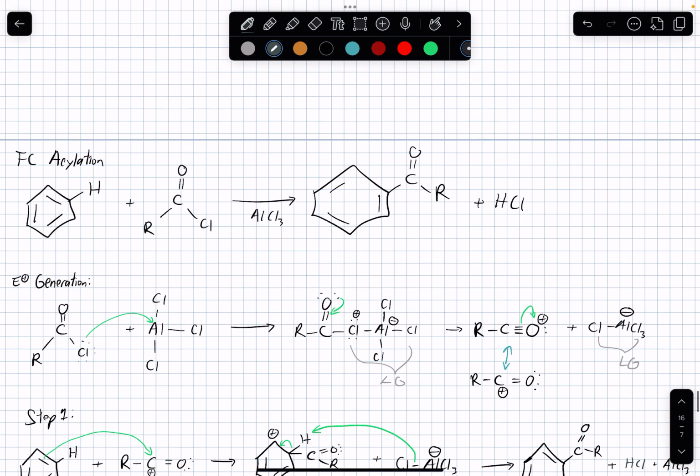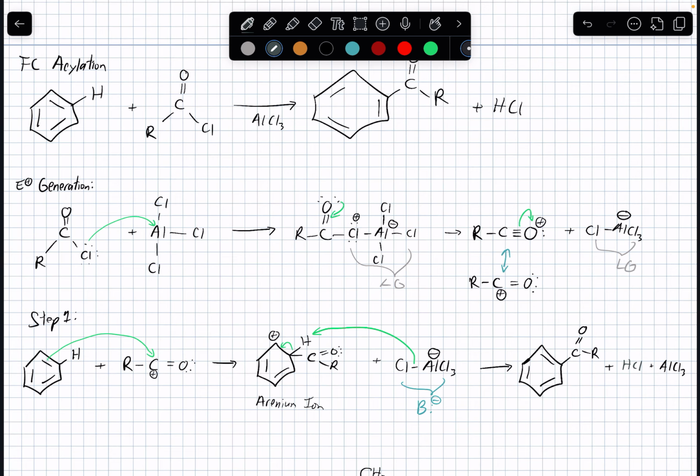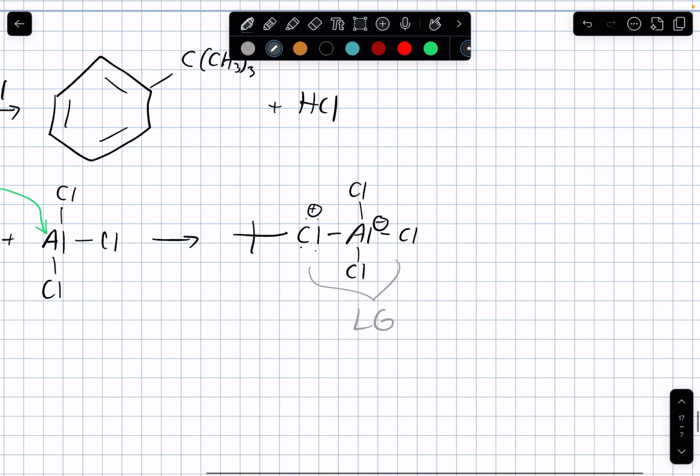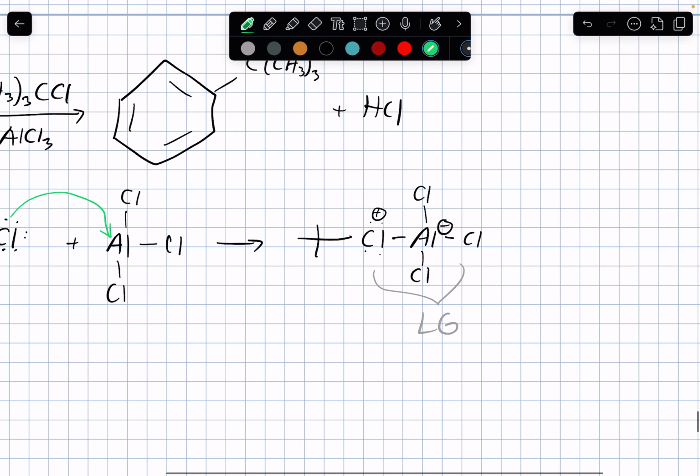It's the same as for the one in acylation. This is going to be our electrophile. So let's draw a few more arrows. The question is where? Just one arrow.